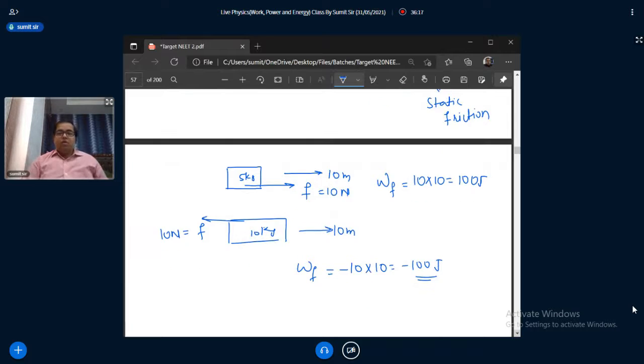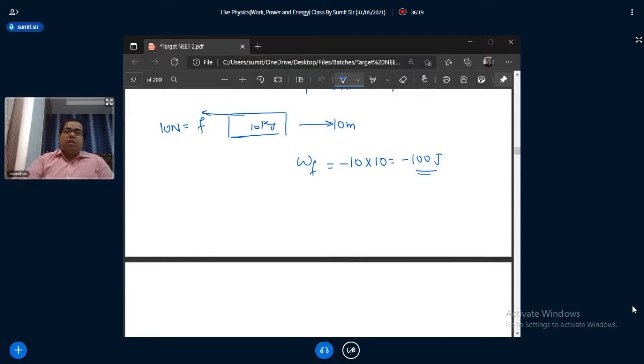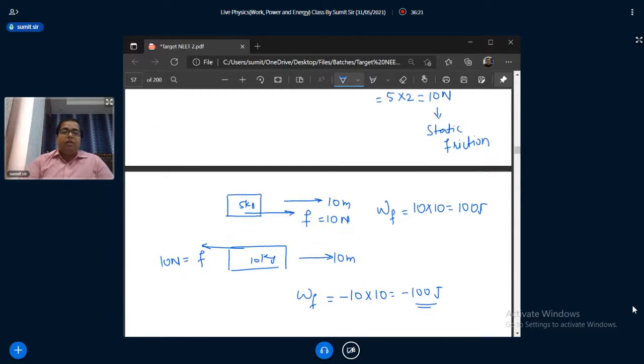Okay. So you can see here, the frictional force also does positive work. Never think that friction only does negative work, meaning that the work done is always dissipated. Sometimes it also does positive work.